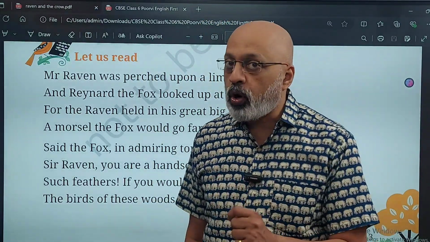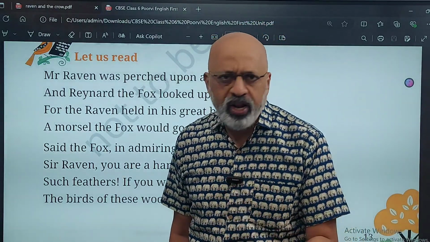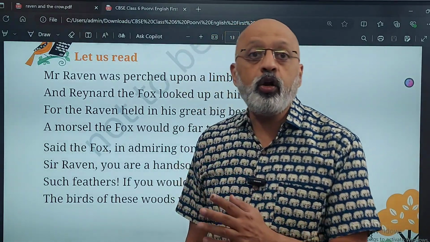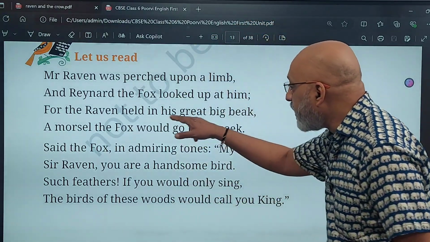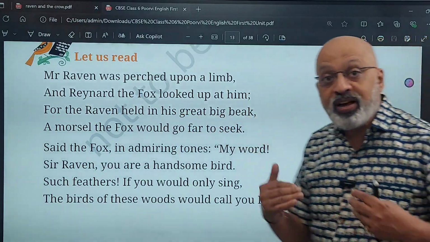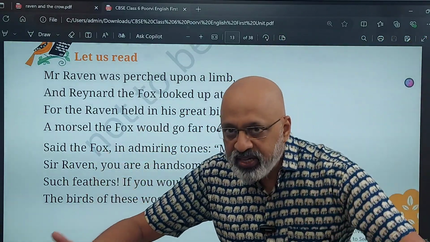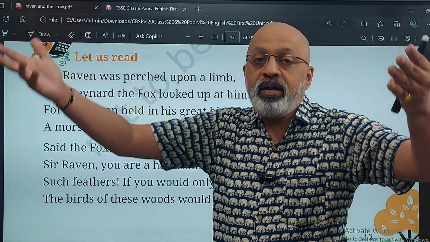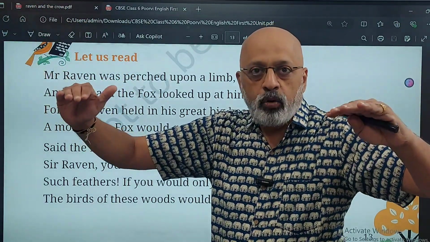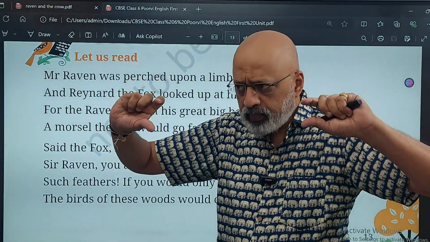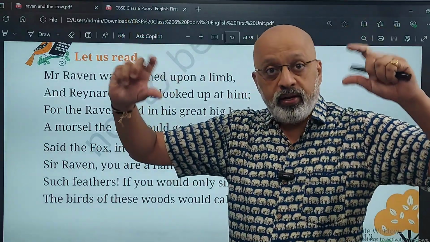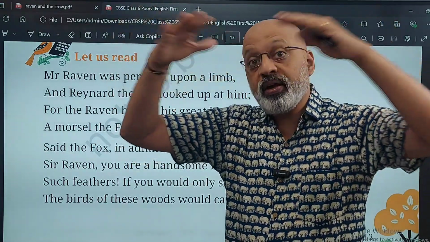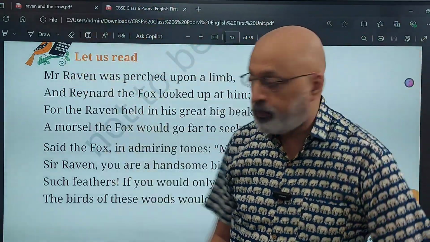So the trick to score high marks in CBSE or in any other board is to quote a lot from the text. तो यहां पर great big beak, because great से क्या होगा? The poet is kind of showing him in a slightly कि ये काफी superior है. It is showing him in a very superior kind of way, giving that kind of an impression.